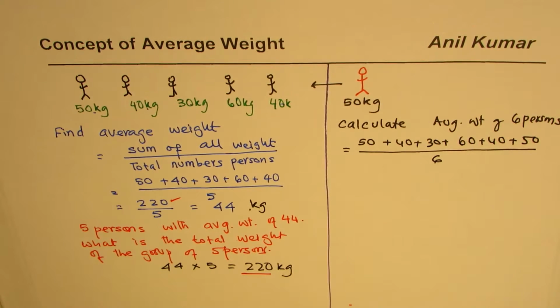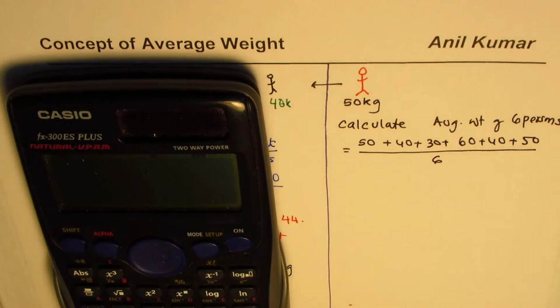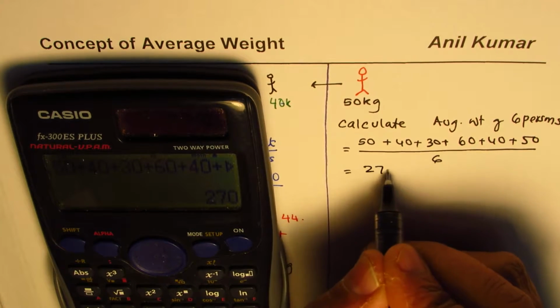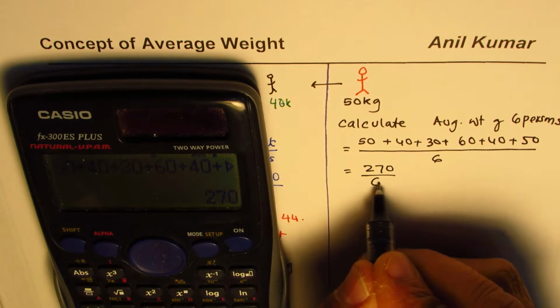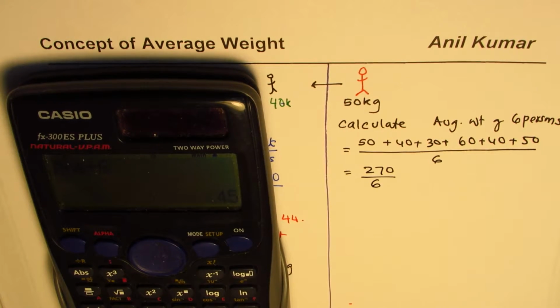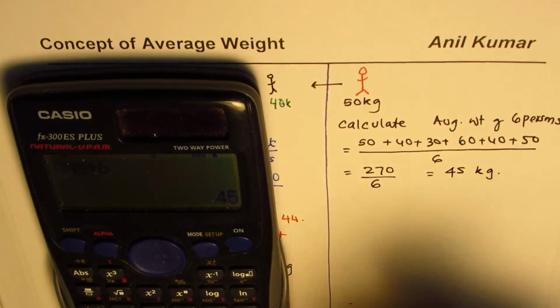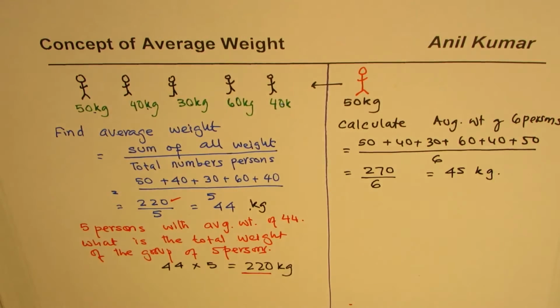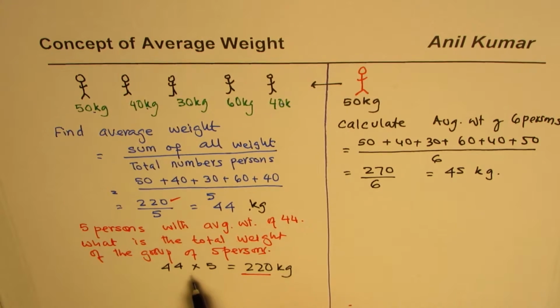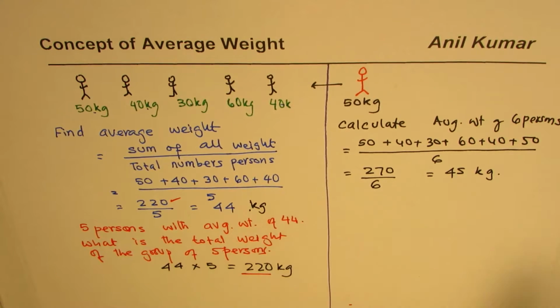Let's calculate this weight. It equals 270. And let's divide that by 6. Divide by 6 equals, as expected, 45 kg. Do you see that?